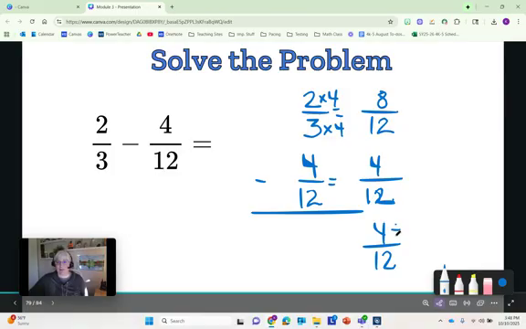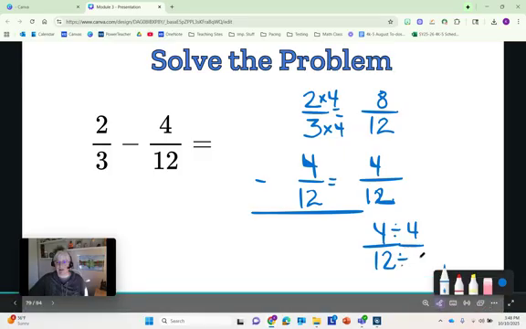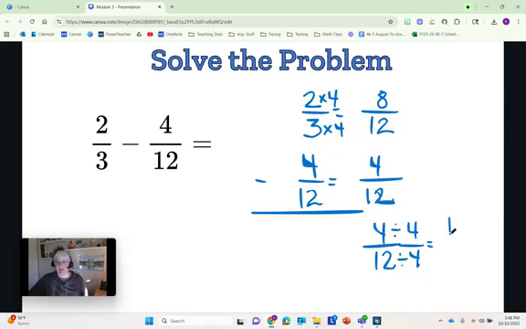I can divide them both by 4. Remember, whatever I do to one part of a fraction, I need to do to the other. 4 divided by 4 is 1. 12 divided by 4 is 3. So the answer to 2/3 minus 4/12 is 1/3.